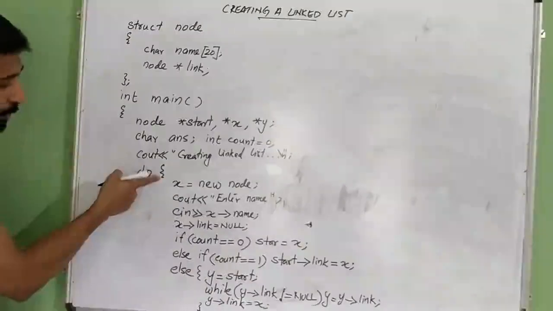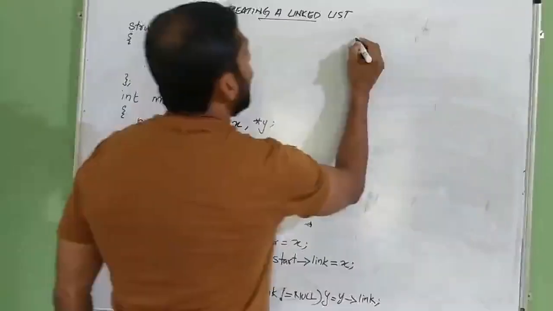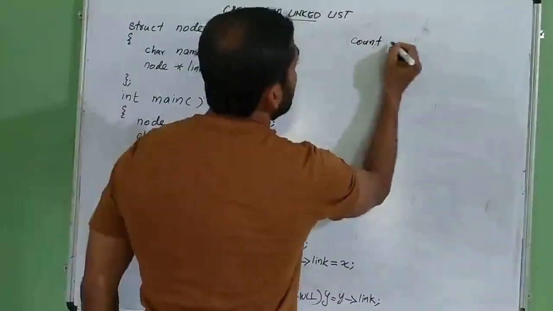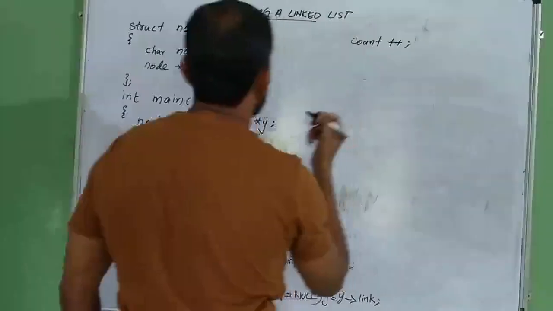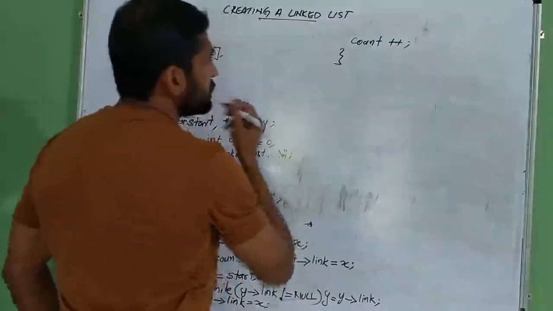Here we have do bracket count plus plus, then do bracket is closed.